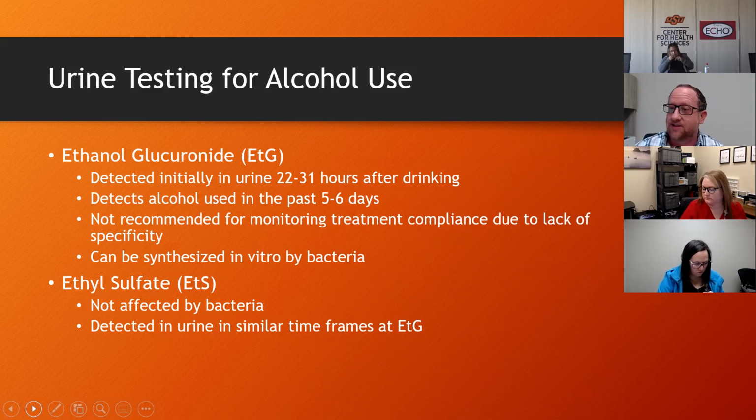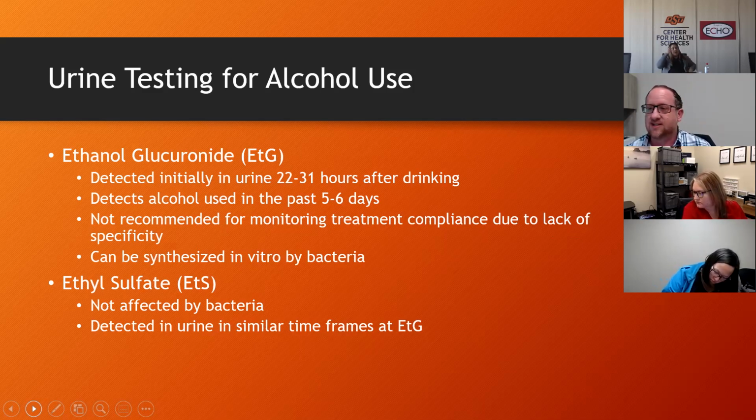You don't see that with ETS. ETS is just not used as much because it's a newer test and it's more expensive. So ETS has some benefits, but it's giving you the same thing. If you are taking care of your specimens and your patient's not a diabetic with a urinary tract infection, the ETG is going to be fairly effective in detecting alcohol. Next slide, please.